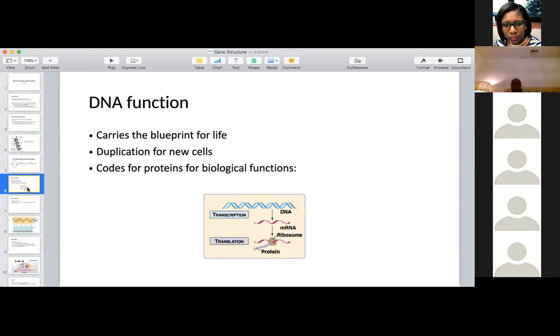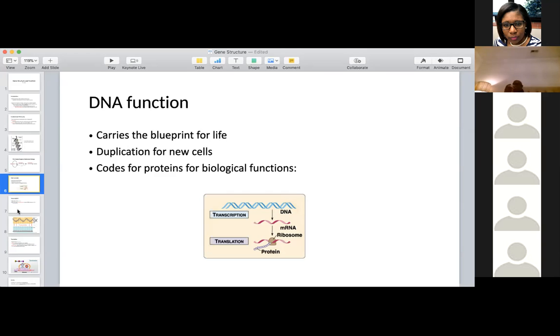And it is these proteins that are responsible for biological functions. It is the protein expression profile of a cell that is responsible for biological function in that cell. So DNA is a very vital piece of this puzzle as we understand how our bodies function.